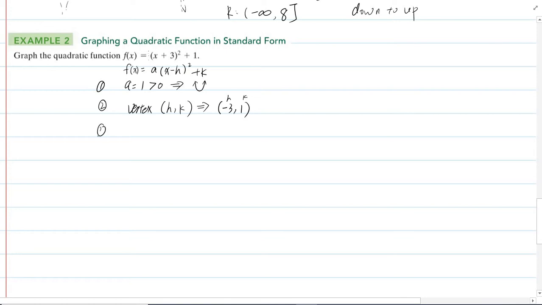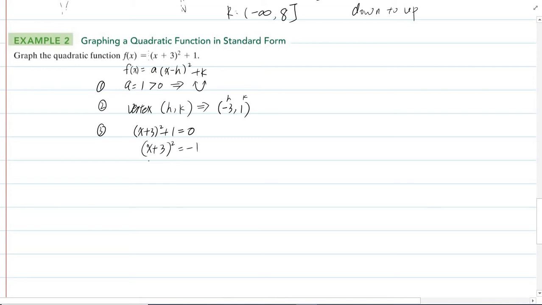And then step 3, what we have to do is find the x-intercept by solving this equation. So we're going to have (x + 3)^2 + 1 = 0. Then we move it around: (x + 3)^2 = -1.